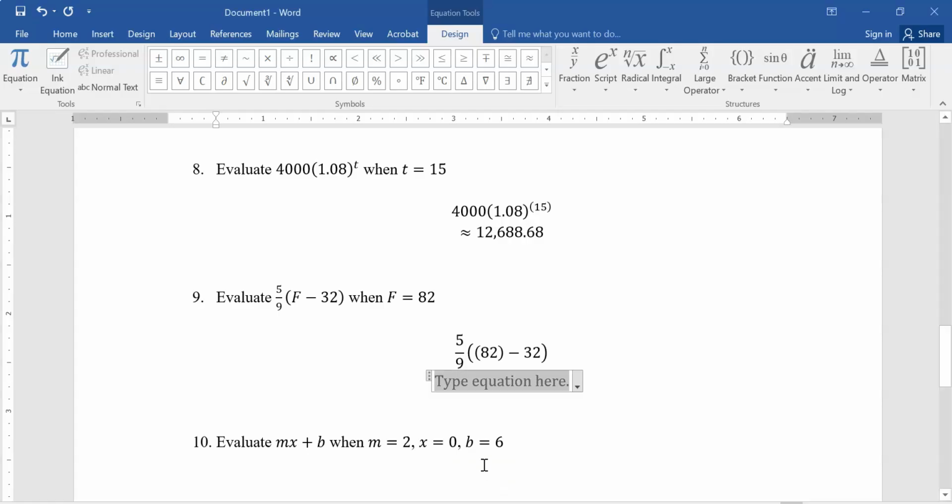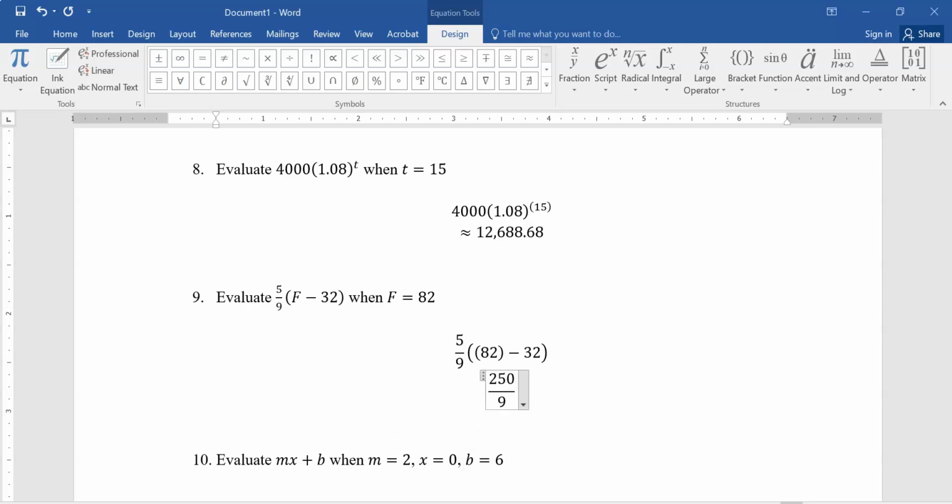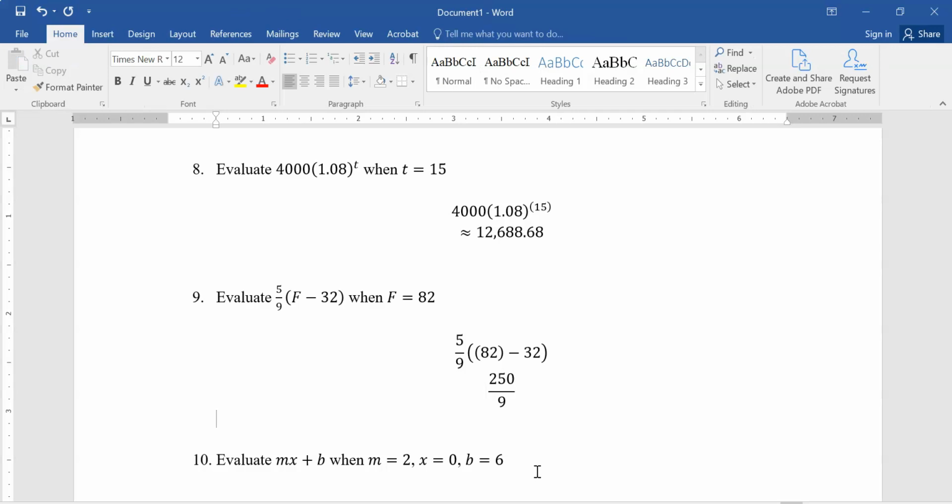The thing I got is 27 and 7/9. That's the mixed number version of this. If I want the improper fraction, I'll hit second, and then again this ABC to DE button. And as an improper fraction, that's 250/9. So if I want to write this as an improper fraction, 250 over 9 is the way to do it.